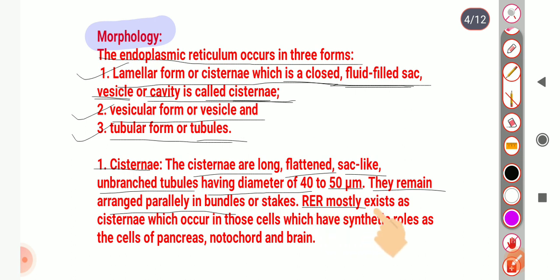Rough endoplasmic reticulum mostly exists as cisterna, which occurs in those cells which have a synthetic role, such as cells of the pancreas, notochord and brain.